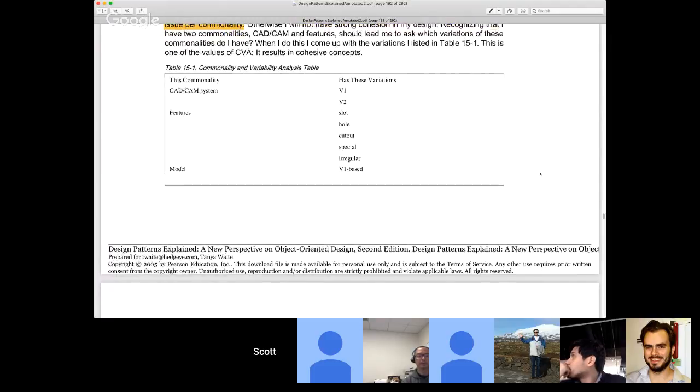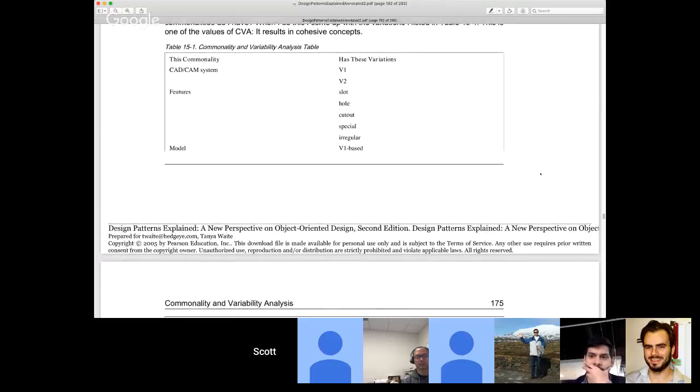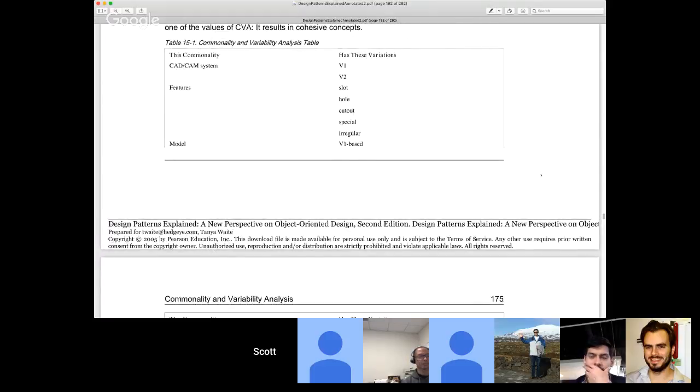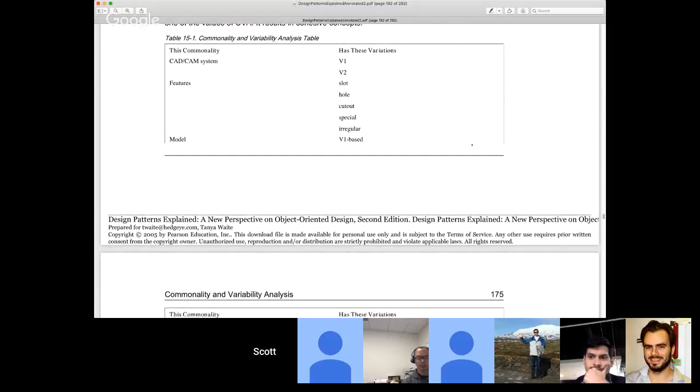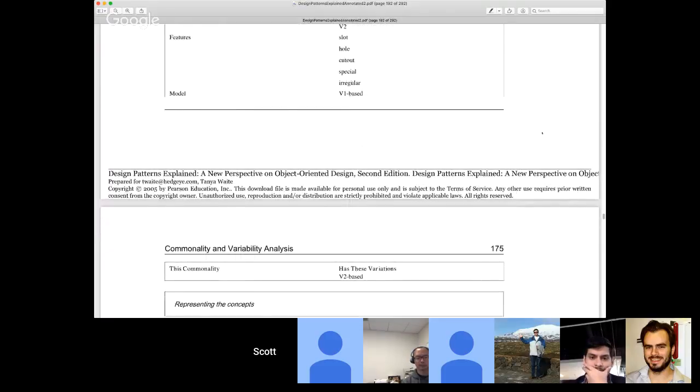So recognizing he has two commonalities, CAD/CAM and features, that should lead me to ask which variations of these commonalities do I have. So he comes up with these variations, and it results in cohesive concepts. He's got the two CAD/CAM systems, he's got the 5 features, and he's got a model that's based on the first CAD/CAM system.